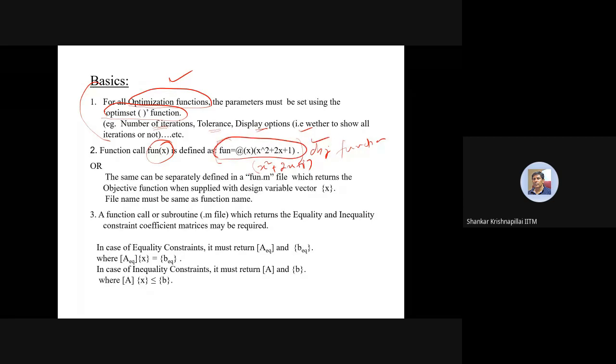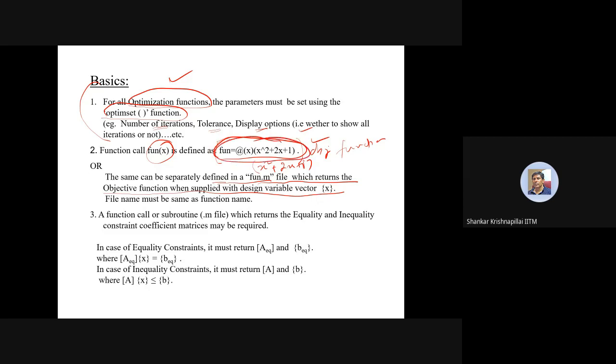So this is one option: you can type this one line and define the function. Or the objective function can be separately defined in a fun.m file, which returns the objective function when supplied with the design variable vector. Suppose your objective function is very complicated, like finding the efficiency of an IC engine. It can't be written in one line.